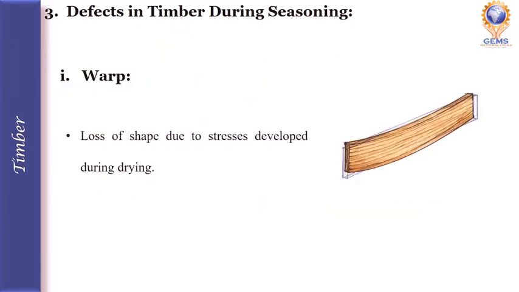The last defect is warp. Warping is the loss of shape due to stresses developed during drying. Cupping, bowing, and twisting of wood come under the warping defect. Till now, we saw the defects in timber during seasoning.